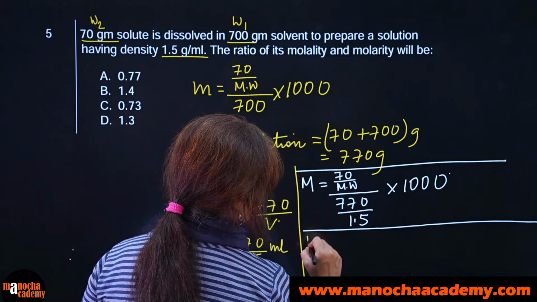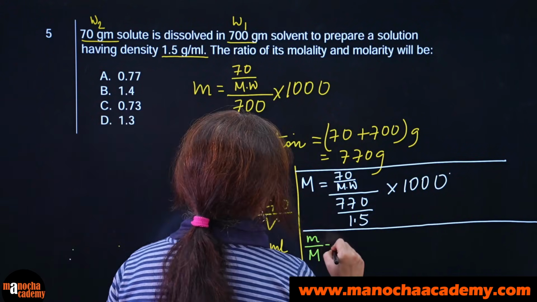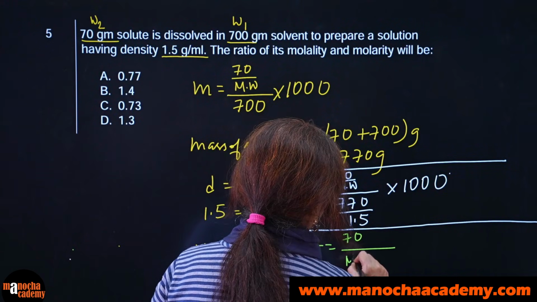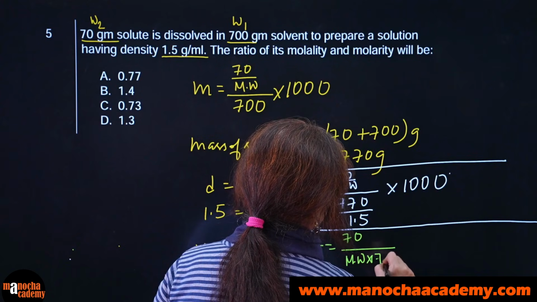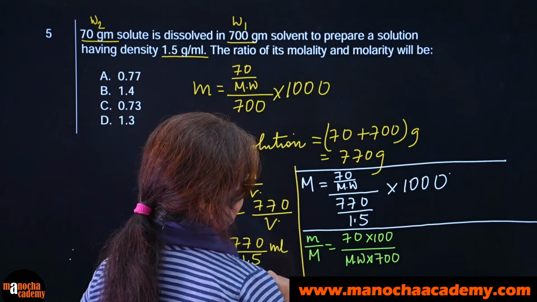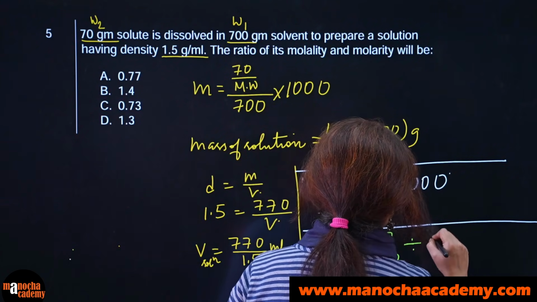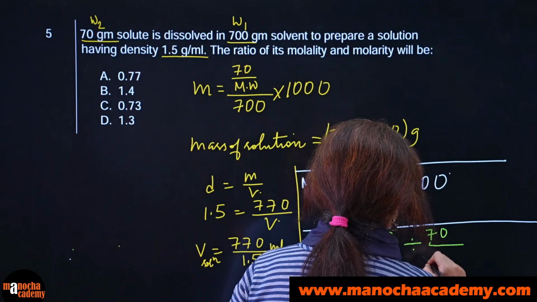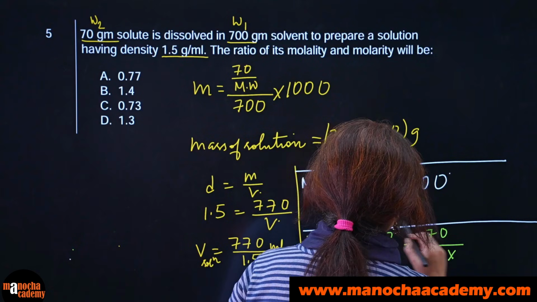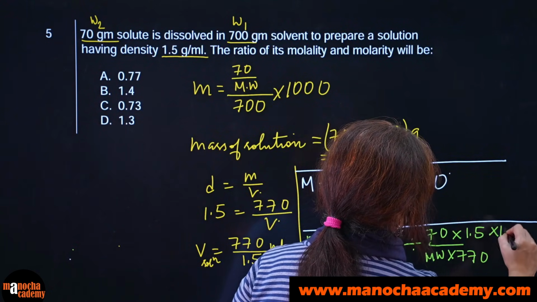Molality by molarity is small m by capital M. So small m is 70 by MW into 700 into 1000, divided by the same thing, 70 by MW into 770 by 1.5 into 1000.